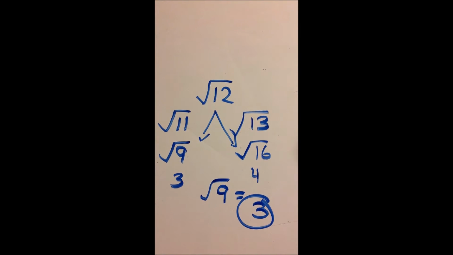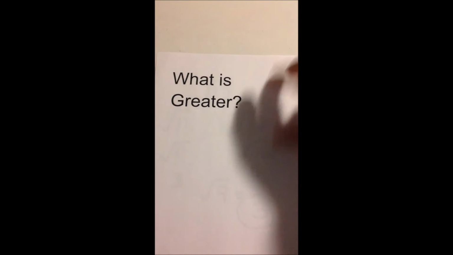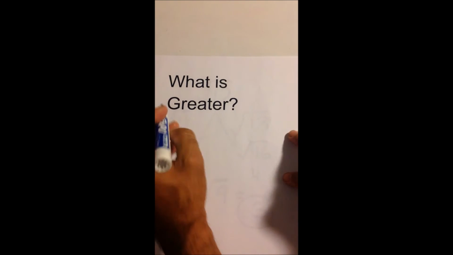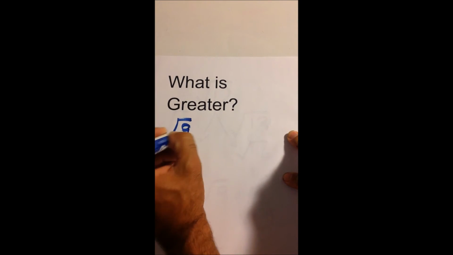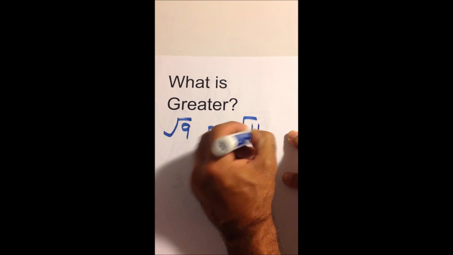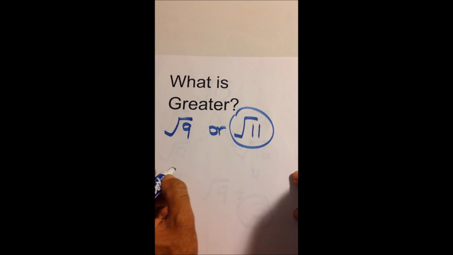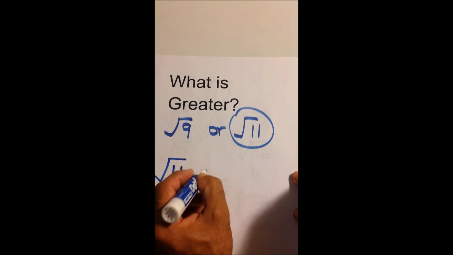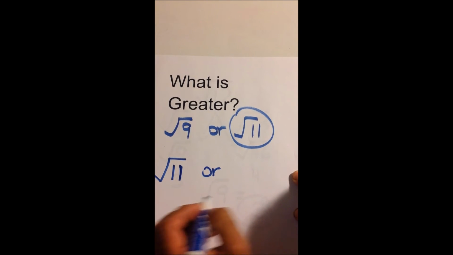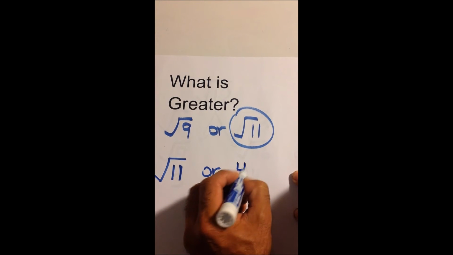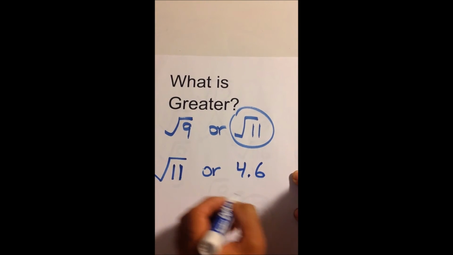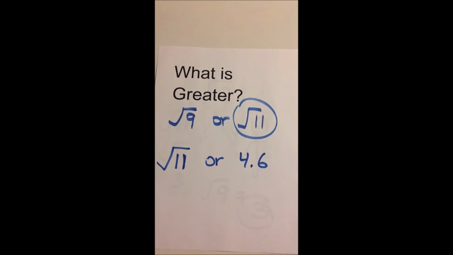Now, let's do what is greater. Obviously, if I gave you the square root of 9 or the square root of 11, we know the square root of 11 is greater, just like with integers. But let's say I had the square root of 11 or 4.6. Which one is greater? See if you can do that.